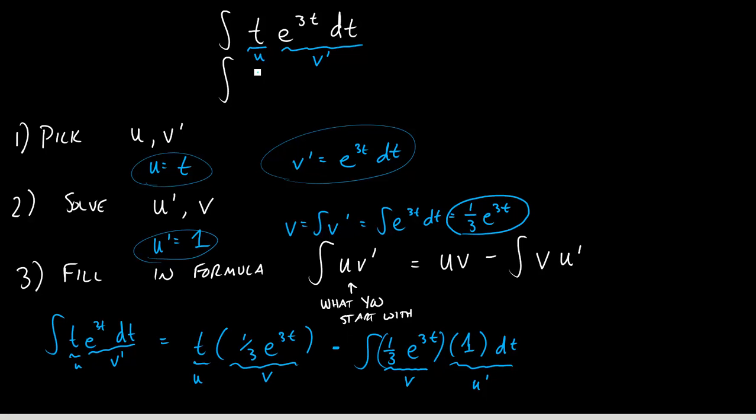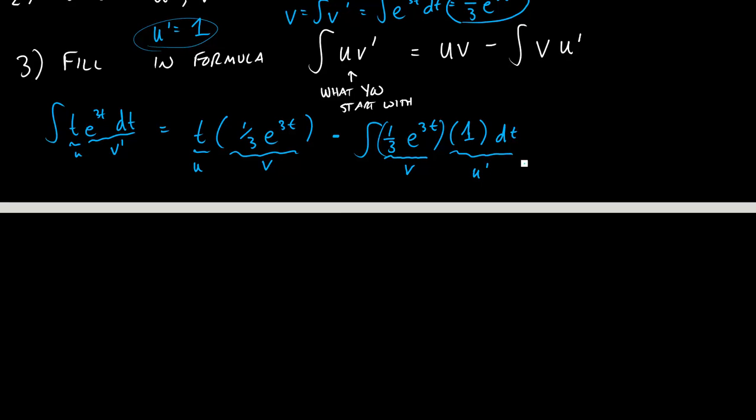It's not too bad. Specifically, this first part is pretty much going to stay the same. This is 1/3 t e to the 3t. And then this is going to be minus 1/3 integral of e to the 3t dt. Now I can actually solve this, right?